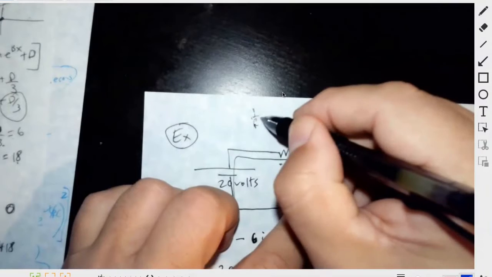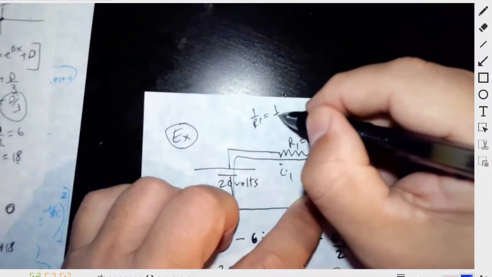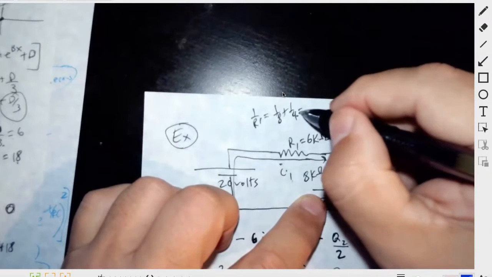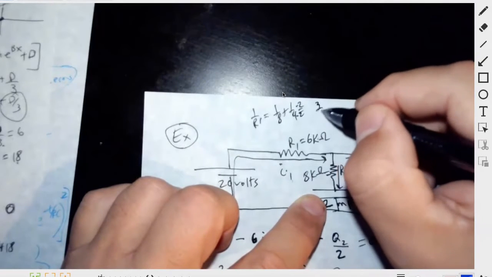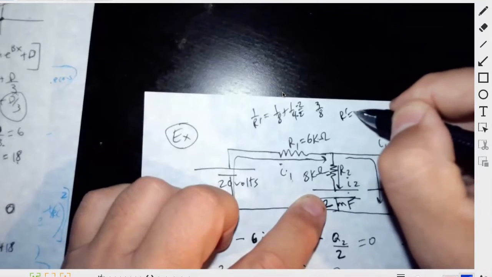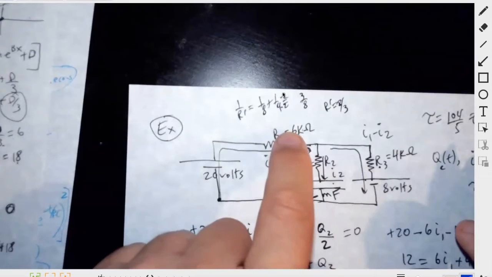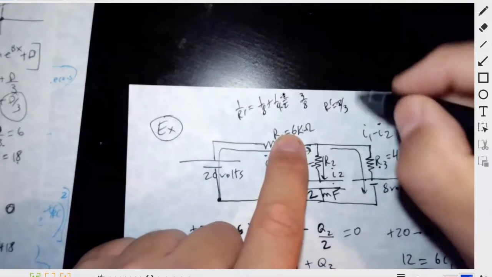1 over R prime, 1 over 8 plus 1 over 4. 3 over 8. So R prime would have been 8 over 3, right? Then add that in series with the 6.